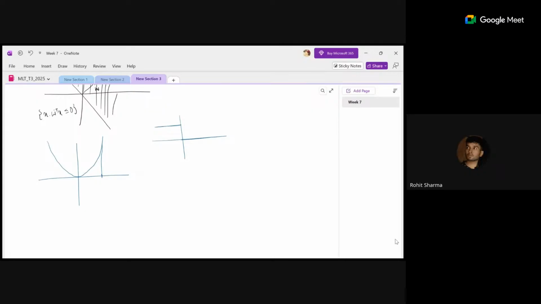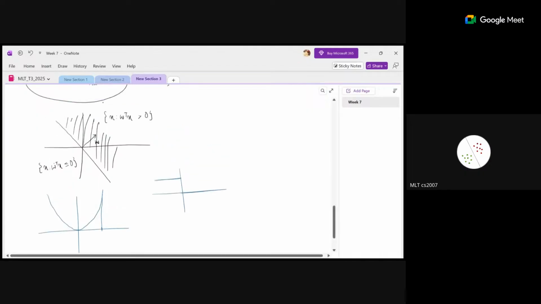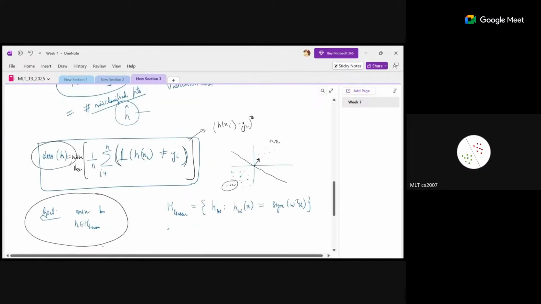Ma'am, it is not differentiable at 0, but it can be differentiable at other points. Correct. But that is what is making this loss non-solvable, basically.